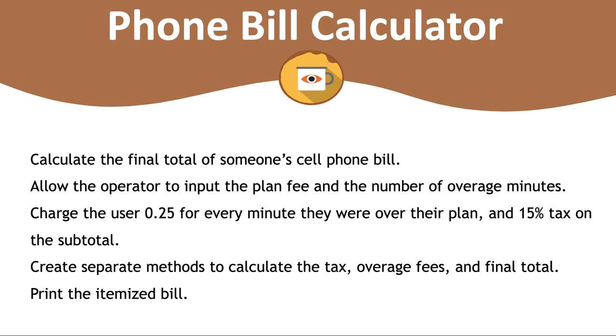I want you to create separate methods to calculate the tax, to calculate the overage fees, and to calculate and print the final total. Please print this as an itemized bill. I have an example of the output expected down below in the example section. Good luck.